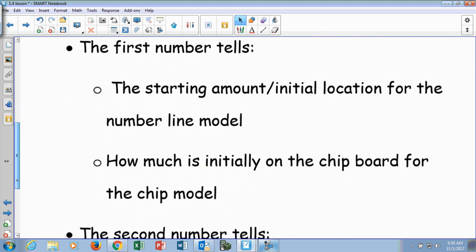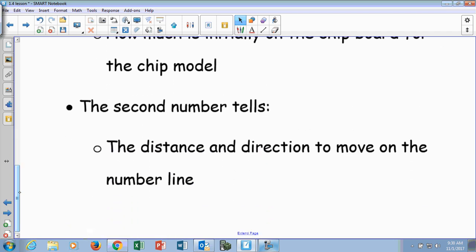So when you're dealing with the number line, the first number in the problem, whether it's addition or subtraction, that's where we start on the number line, right? And with the chip models, that's the initial chips you're going to put on the board, right? So the second number, whether we're adding or subtracting, on a number line tells us how far we move.